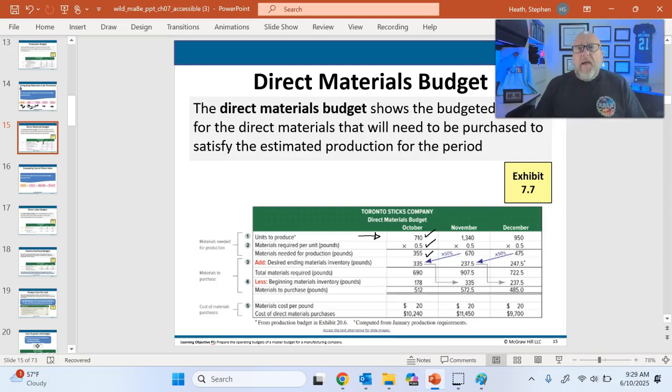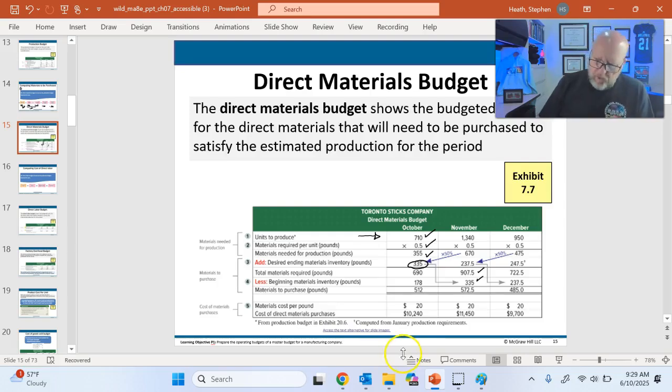Okay. Then, in addition, we want some portion of what we anticipate using next period. So in the next period, we're essentially saying we need 907.50, and therefore we need some percentage of that at the beginning of next period, and that is what we are going to add to purchases in October.